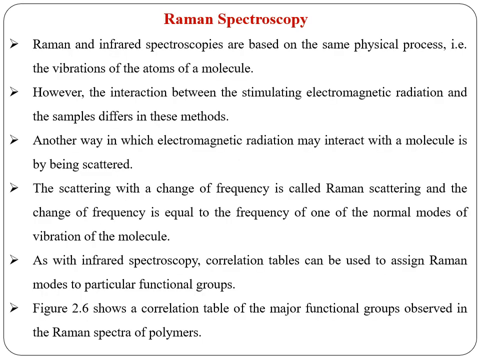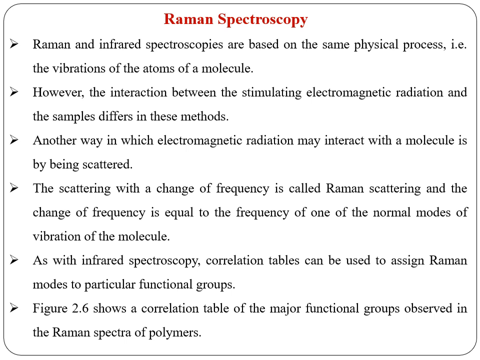The next technique which can be used to identify the polymer is Raman spectroscopy. Raman and infrared spectroscopies are based on the same physical process. However, the interaction between the stimulating electromagnetic radiation and the sample differs in these methods. Another way in which electromagnetic radiation may interact with a molecule is by being scattered.